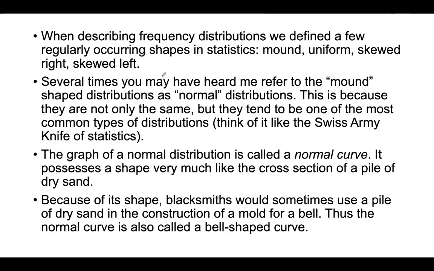Because we have reading week, so when describing frequency distributions, we define a few regularly occurring shapes in statistics. Mound shape, so we know what mound shape is, uniform shape, skewed right or skewed left, etc. Several times you may have heard me refer to this mound shape as a normal distribution.